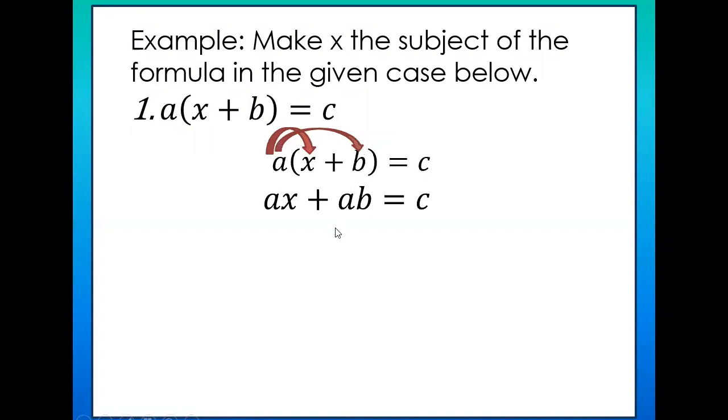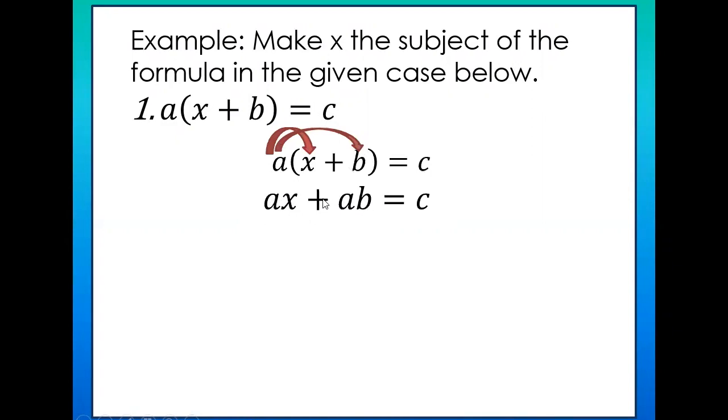Now, we're not yet done here, because what we're after is to maintain x, and that is the subject of the formula that we are working on. So upon analyzing, we cannot go ahead and remove a from x here, because we have to work first on removing ab as part of the variables on the left-hand side of the equation.